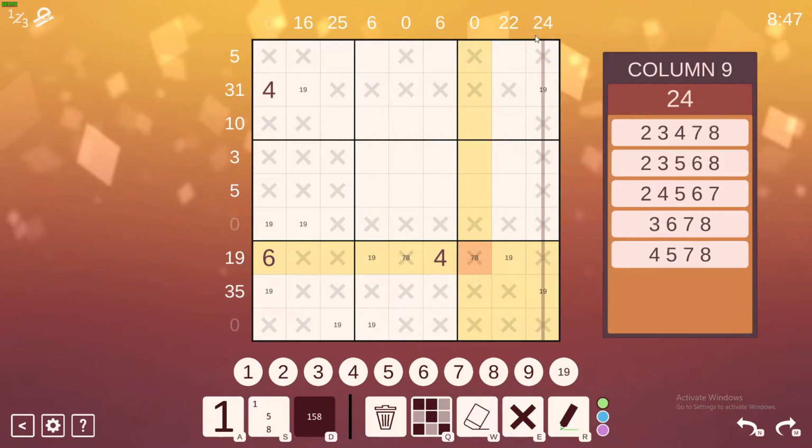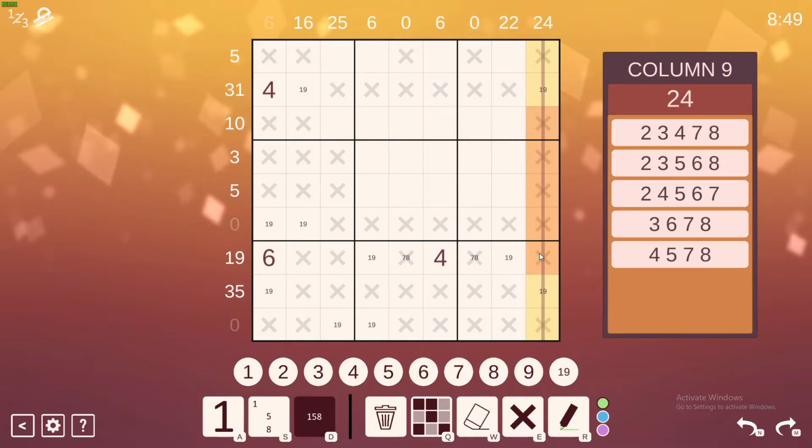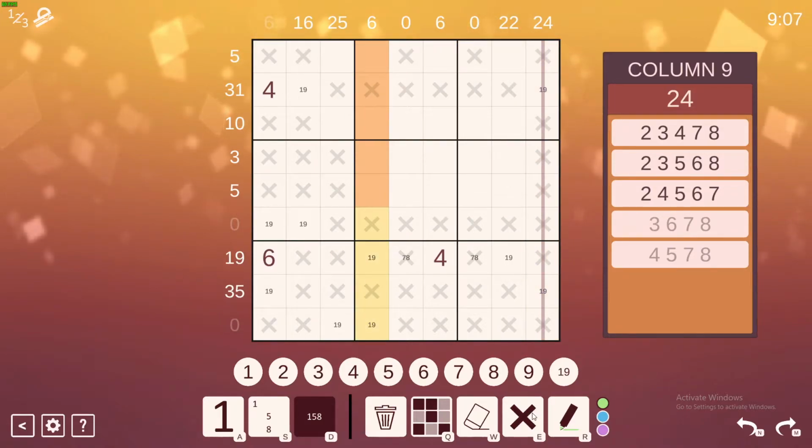Let's look at this 24 clue. We have a distance of 5 between the 1 and the 9. So let's go ahead and remove all the 4 clues. Now let's look at this row. I saw this earlier but forgot to fill it in. So we can place X's in there because we have our 1 and our 9.